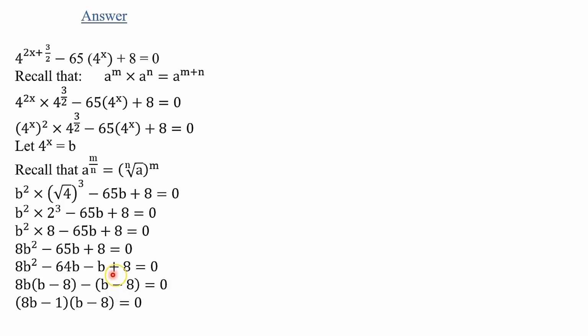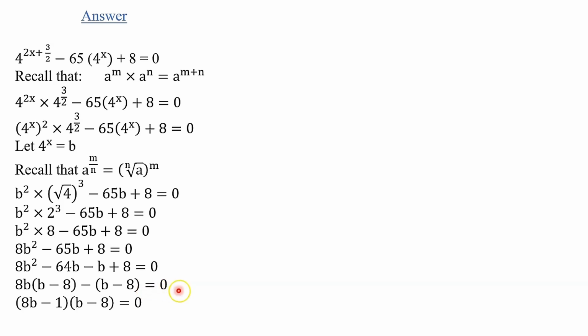Now, since the terms we have in the bracket are the same, you are allowed to pick only one bracket, then keep the terms outside the bracket to have another bracket. Therefore, it becomes 8b minus 1 into bracket b minus 8, equal to 0.